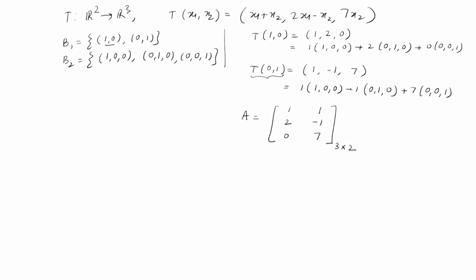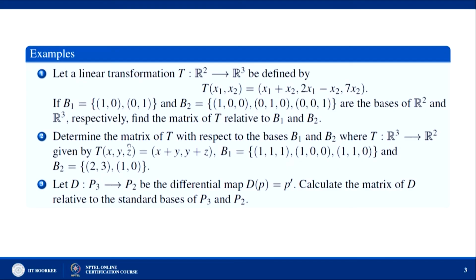The second example is, determine the matrix of T with respect to the bases B1 and B2, where T is given by this expression, B1 is this and B2 is this. So, how can we find this? Now T is from R3 to R2, and T of (x, y, z) is given by (x + y, y + z).